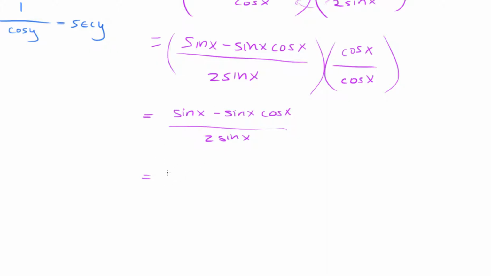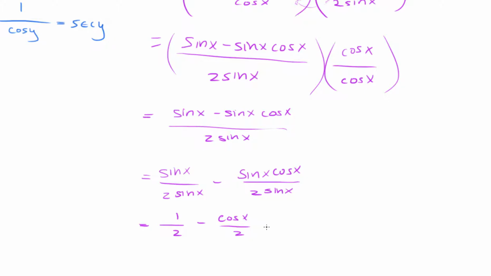In the subtraction, I'll have sine of x over 2 sine of x minus sine of x cosine of x over 2 sine of x. And the reason I do this is because notice that sine of x over sine of x is 1, so it's 1 over 2 minus sine of x is 1, cosine of x over 2.